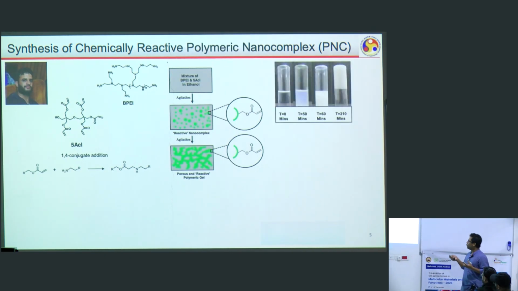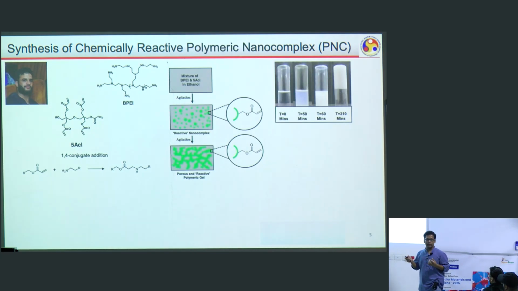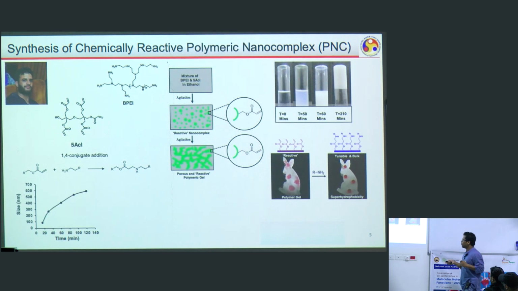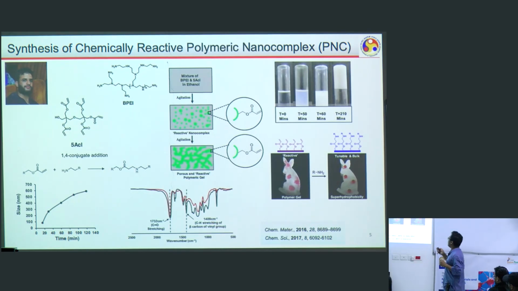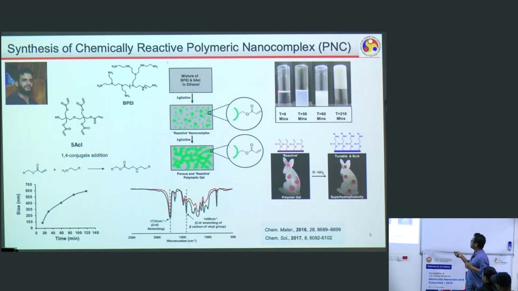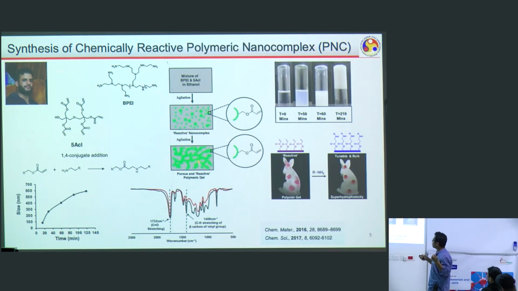Okay, through formation of this nanoparticle dispersion. This nanoparticle can keep growing in size, and they remain reactive in nature, which has been characterized with the standard FTIR spectra. And you can see here, this is the solution which is optically transparent. Over time, it gives this milky solution because of this nanocomplex.